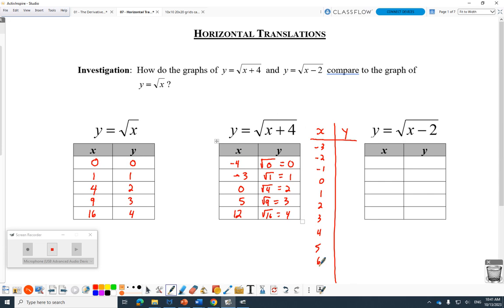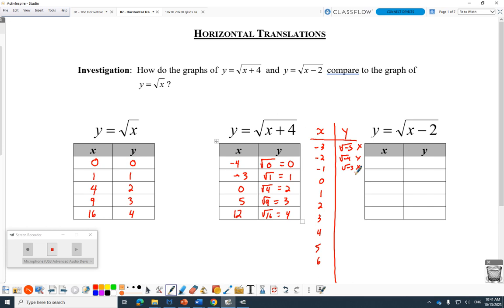This would be square root of -3 minus 2, which is -5. No good. This one's square root of -4, no good. This is square root of -3, no good. Do you see why this will accomplish what we're after? But it has no cleverness whatsoever to it.